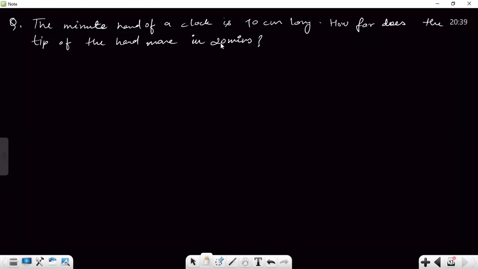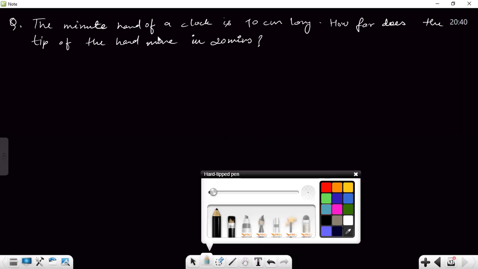We have to tell the answer in centimeters, sorry, because we have to calculate the distance, how far. So the minute hand of a clock is 10 centimeter long.